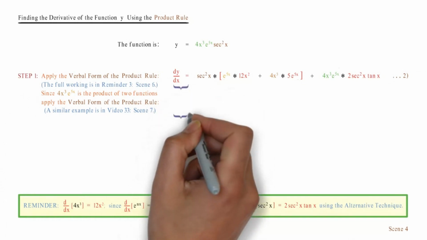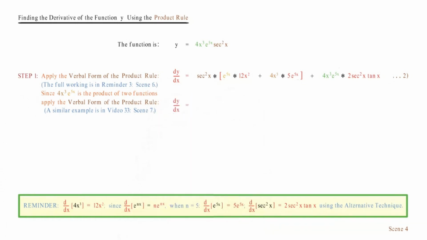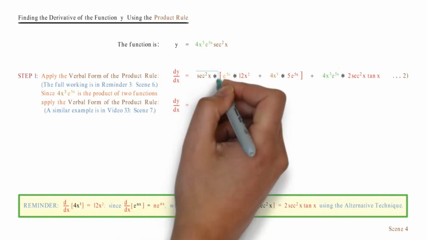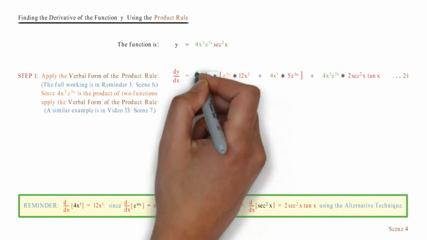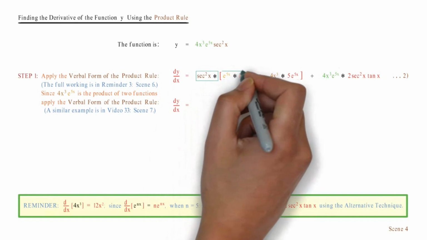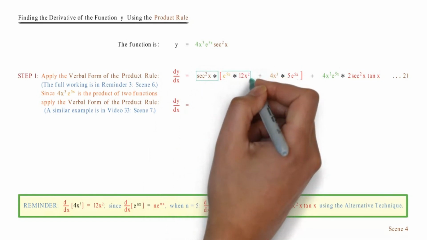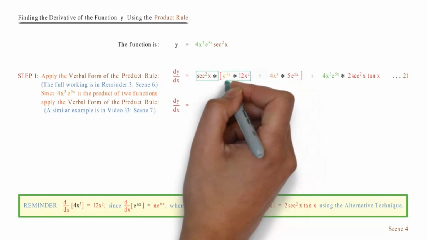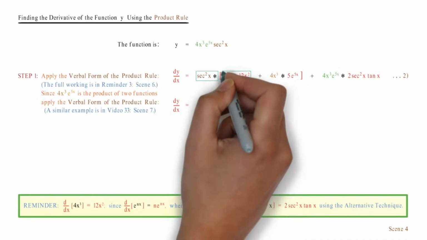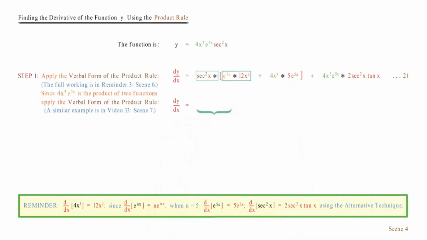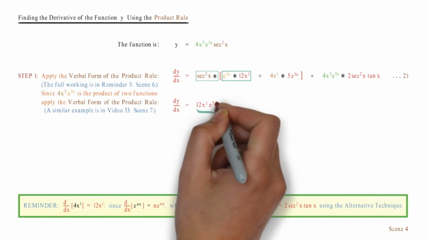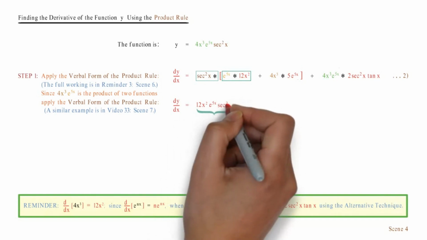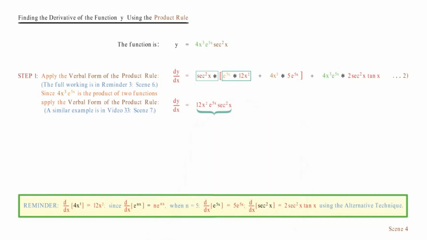Bring down sec squared of x times e to the 5x times 12x squared becomes 12x squared e to the 5x sec squared of x.